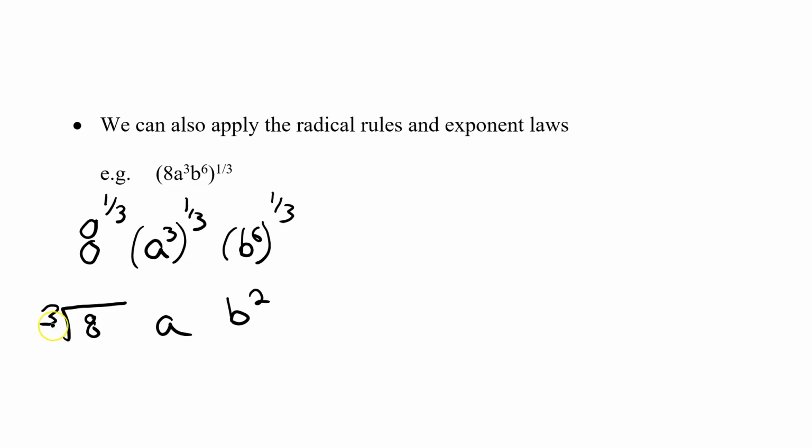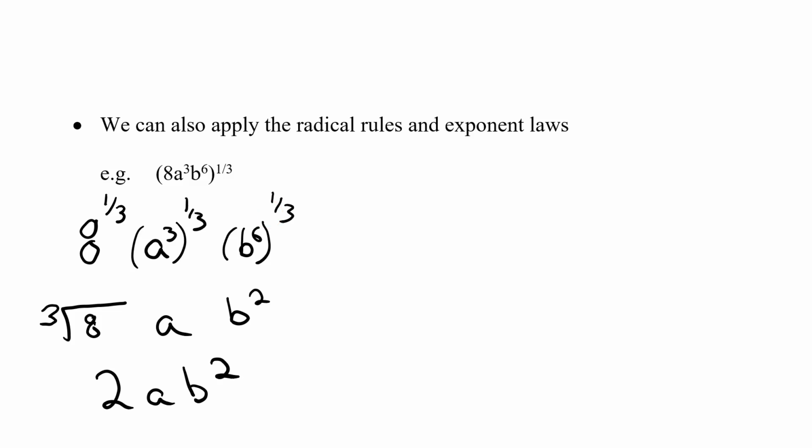Now I can actually work out the cube root of 8. And of course the cube root of 8 is 2, so I get 2ab squared. So in this case, I've applied the exponent, the 1/3, to each set and worked it out.